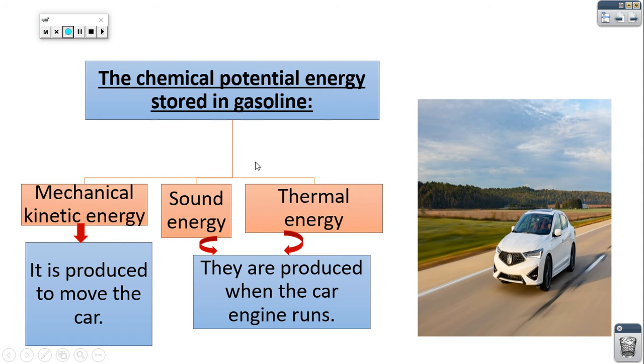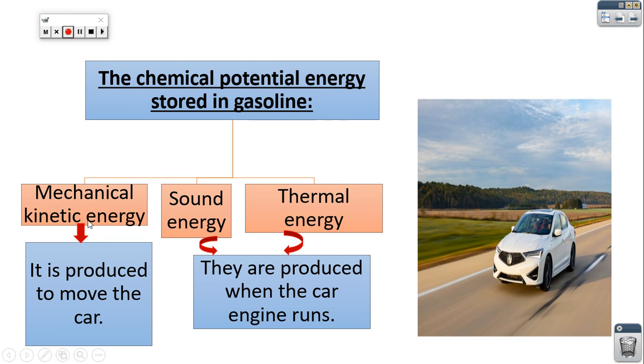It changes to what? Number one, when the gasoline starts to burn, the chemical potential energy changes into mechanical or kinetic energy when the car starts to move. So, when the gasoline burns and the car moves, here's the chemical potential energy. It changes into mechanical or kinetic energy.